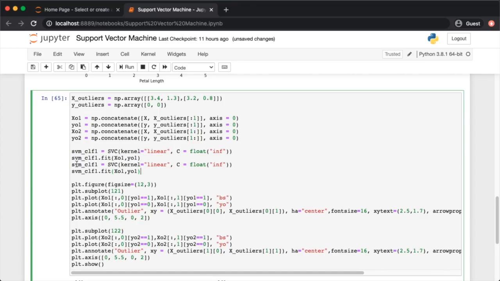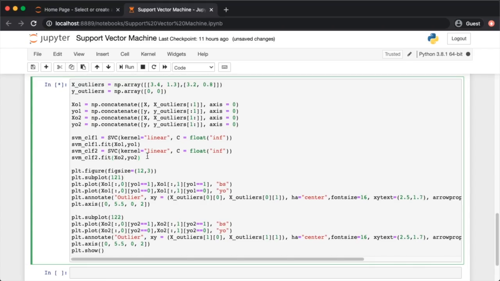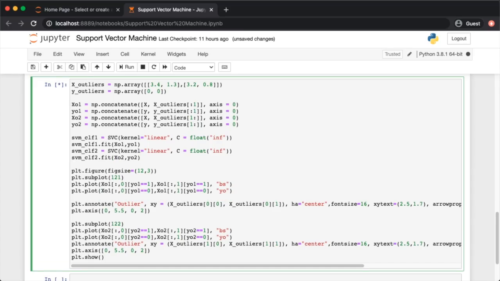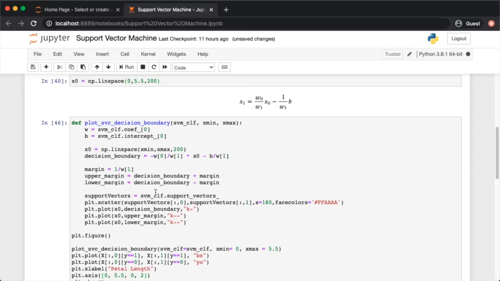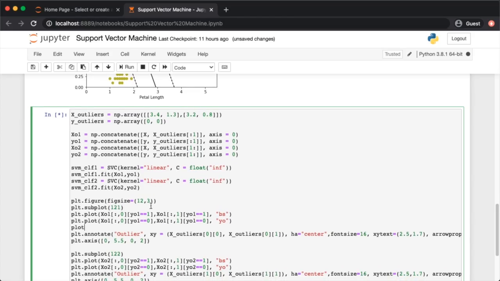Likewise, I'll create a classifier, call it 2 on the second dataset as such, right? Now, just over here, I will call the function that we wrote over here to plot the decision boundaries, right?